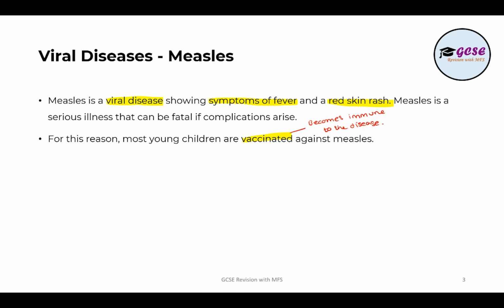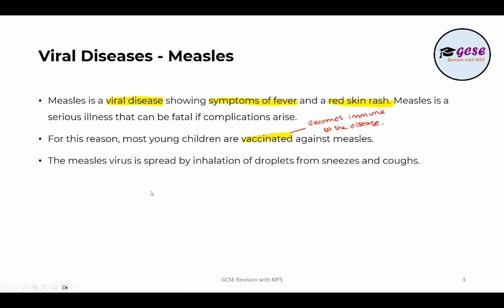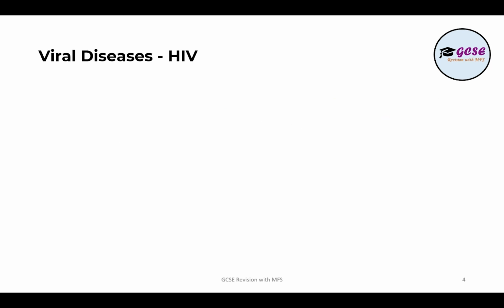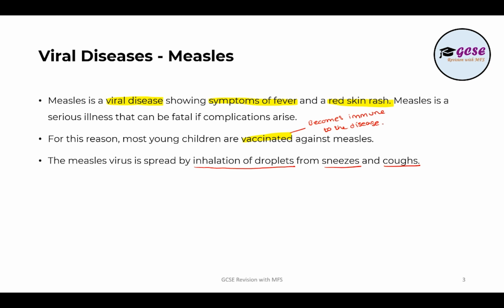So as a way to prevent this viral disease, measles, people are vaccinated. Most young children are vaccinated so they don't contract it in the future. You also need to know how measles is spread. It is spread by inhalation of droplets from sneezes and coughs. So to summarize, you need to know the pathogen it is caused by.